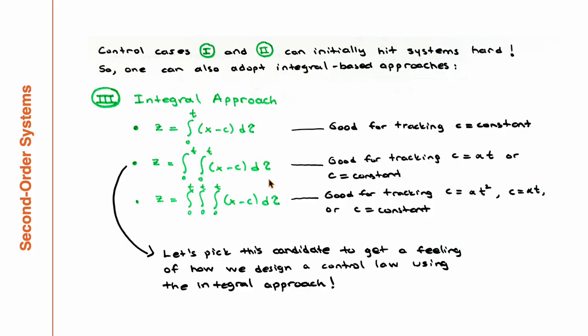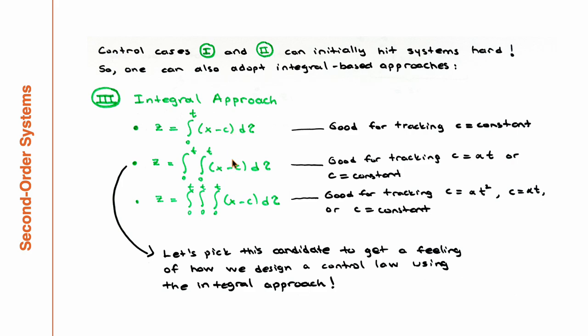So this type of a double integral becomes very handy for my applications, if I am not happy about the first one, constant command, and I would like to do more. Now you can take this list longer. If you put 3 integrals, you not only track ramp and constant commands, but also parabola type of commands, alpha t to the power of 2 type of commands. If you put 4 integrals, t to the power of 3, 5 integrals, t to the power of 4, it goes crazy like this. But mainly, the first 2 are my favorite.